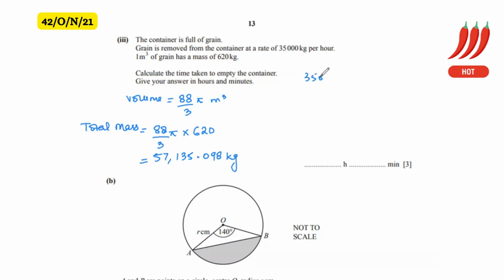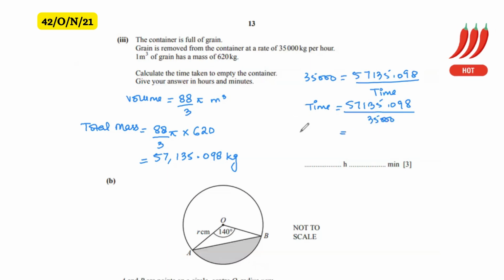So 35,000 is equal to 57,135.098 divided by time in hours. So time is going to be these two being divided. That is going to give us 1.6324 hours.